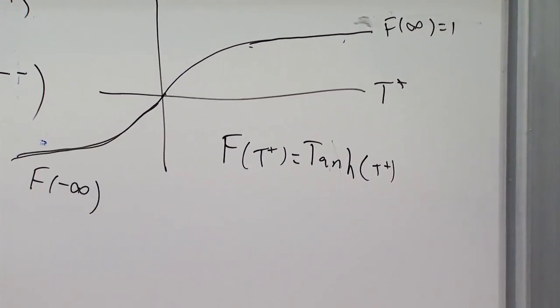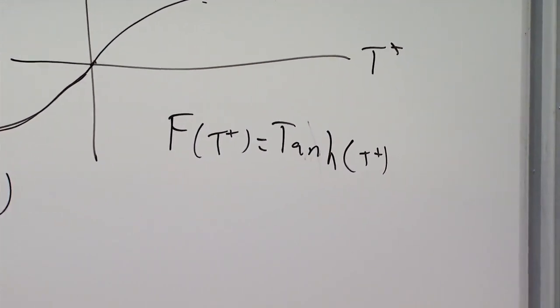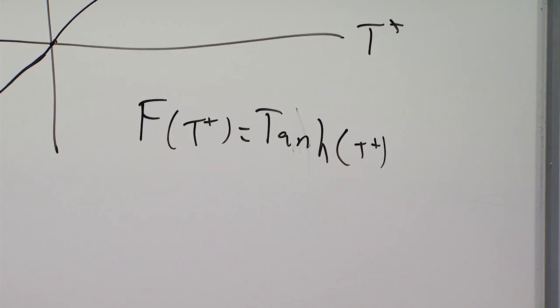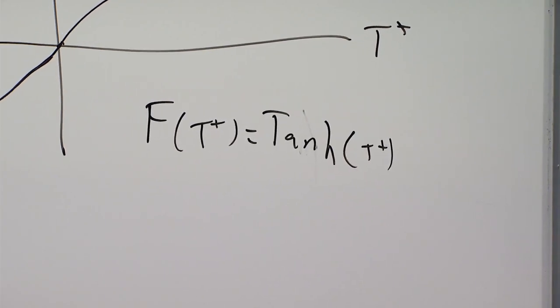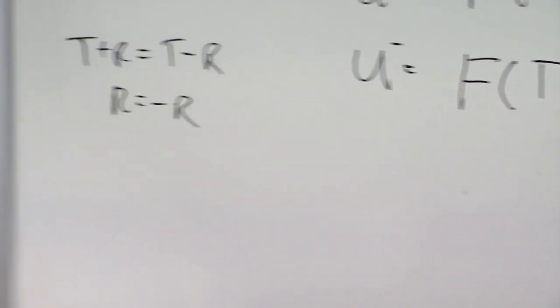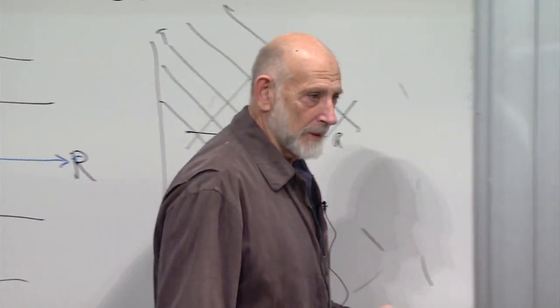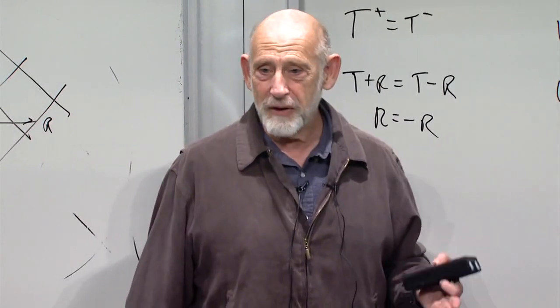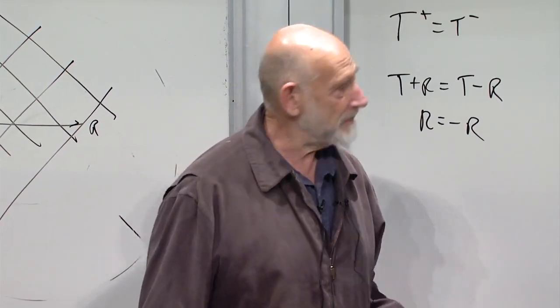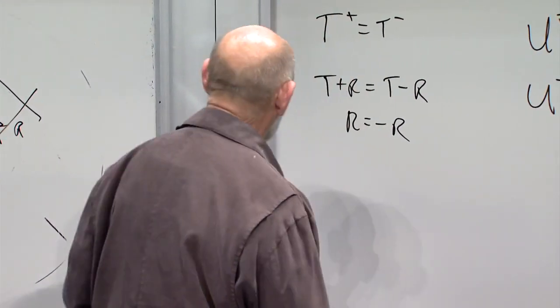Now think about what happens as we start moving on this graph further and further outward. T plus is getting bigger and bigger and bigger. What is u plus doing? It's never going to get bigger than 1.